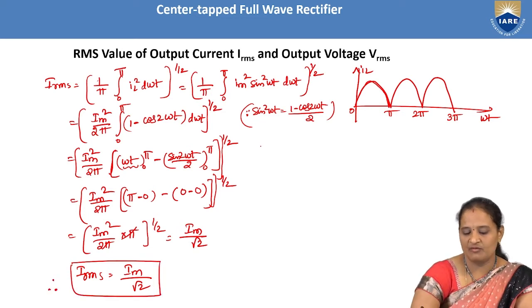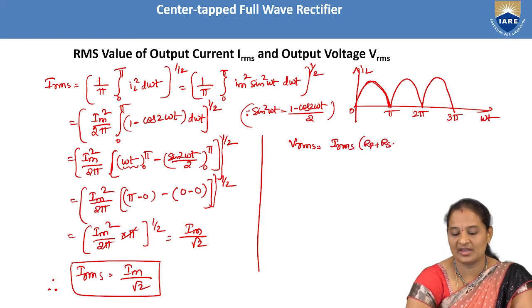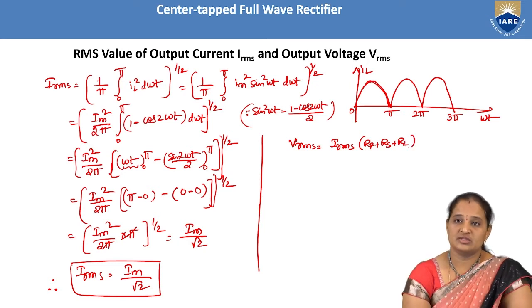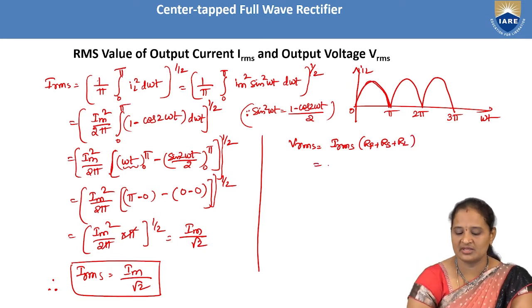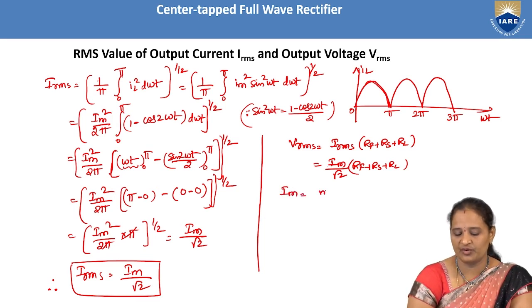Now similarly, we are going to find out VRMS. So VRMS is equal to IRMS into Rf plus Rs plus RL. Here again, the IRMS value is Im by root 2. I am just substituting the IRMS value, Rf plus Rs plus RL, and we know that Im is equal to Vm by Rf plus Rs plus RL.